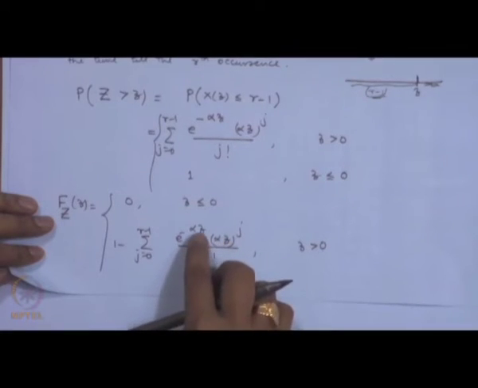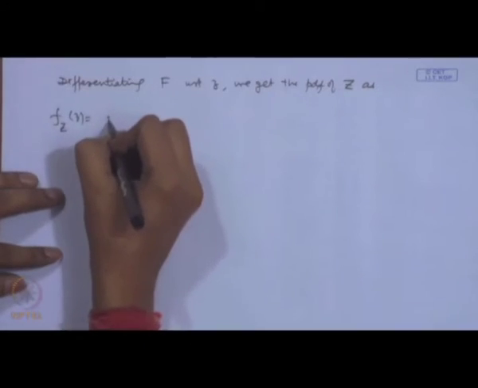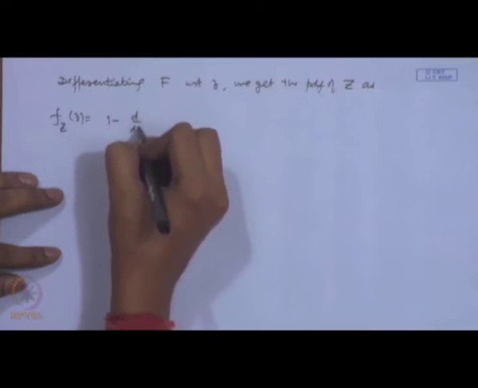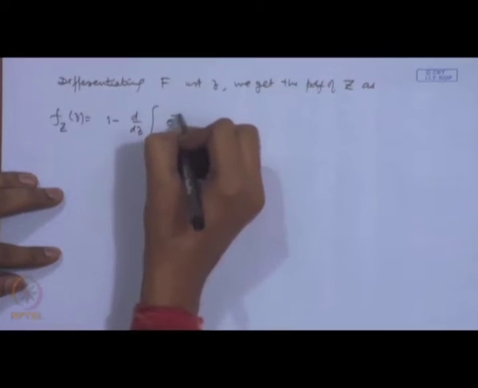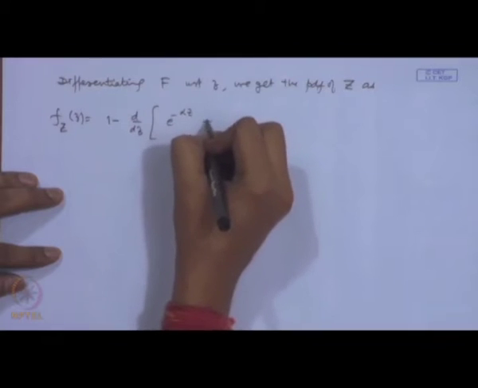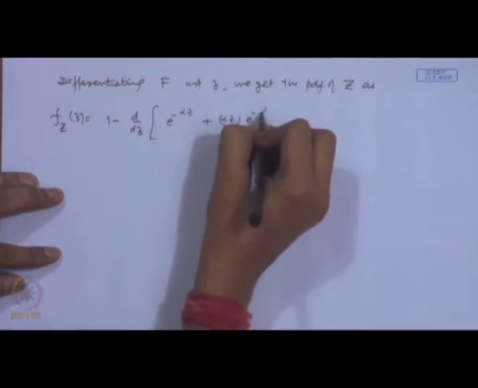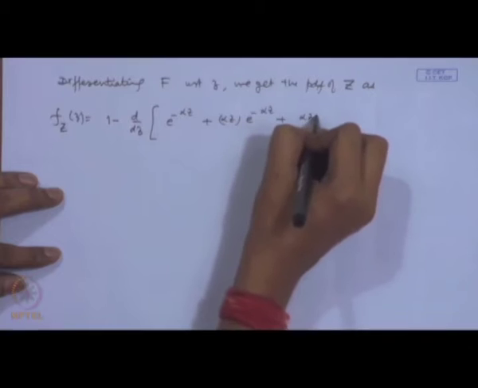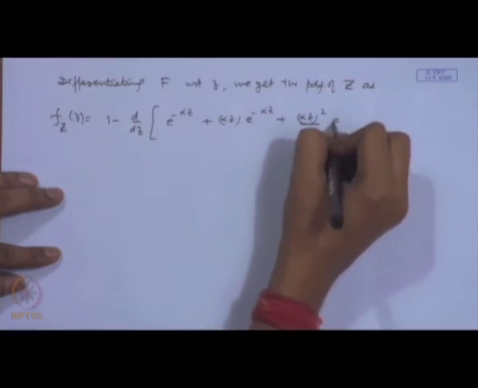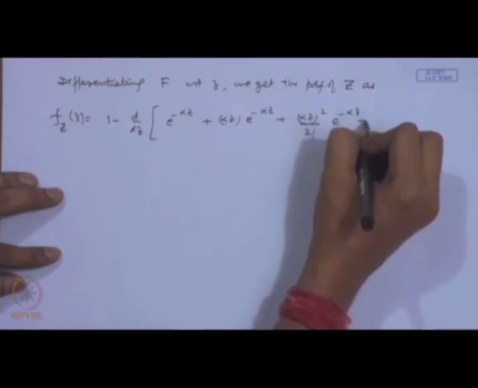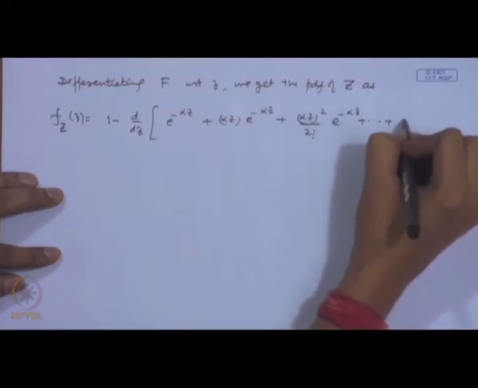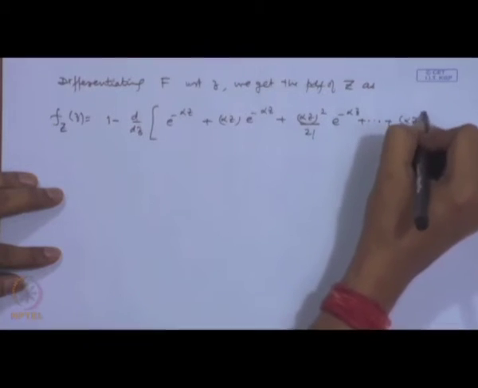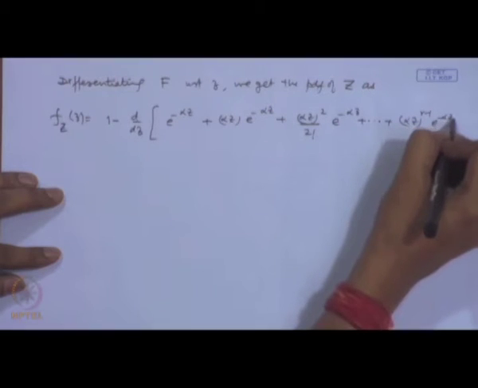So, when you differentiate you will get two terms each time. So, we write it in a sequential fashion. So, it is equal to 1 minus d by dz of [e to the power minus alpha z plus alpha z e to the power minus alpha z plus (alpha z) square by 2 factorial e to the power minus alpha z and so on plus (alpha z) to the power r minus 1 e to the power minus alpha z by r minus 1 factorial].